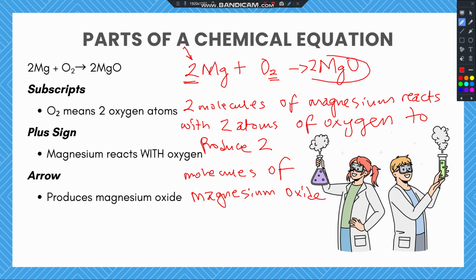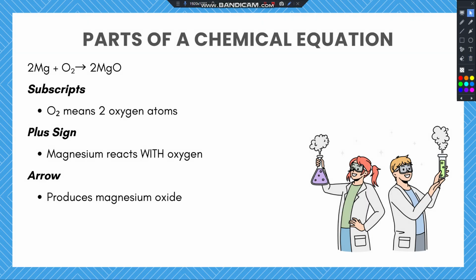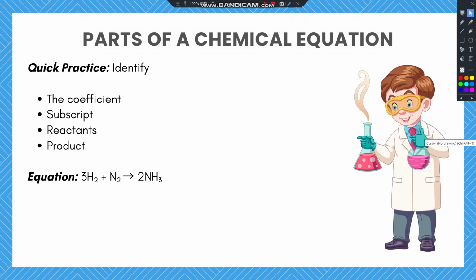I hope you can see how this works. 2 molecules of magnesium reacting with 2 atoms of oxygen to produce 2 molecules of magnesium oxide. Easy peasy and straight to the point.